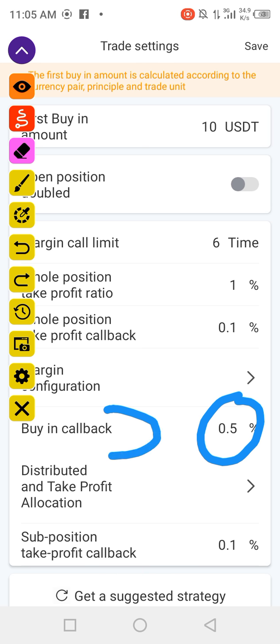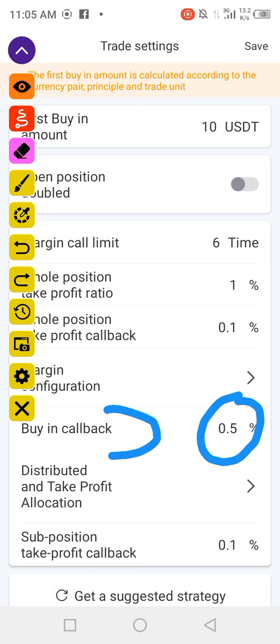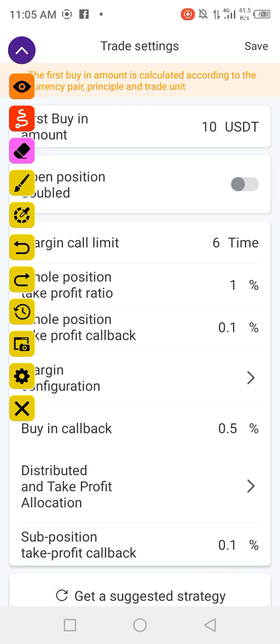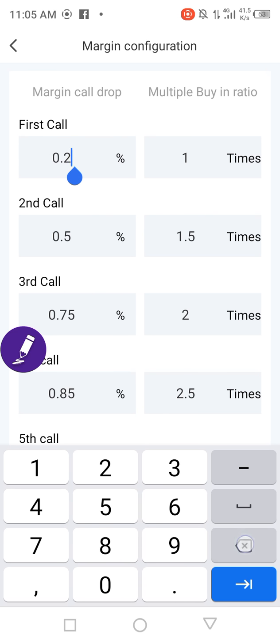The system will not accept it. So if you set callback at 0.5, know that your margin configuration shouldn't be less than 0.5. Start with at least 0.6 upwards.